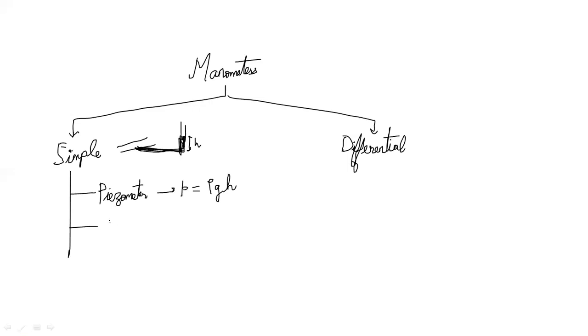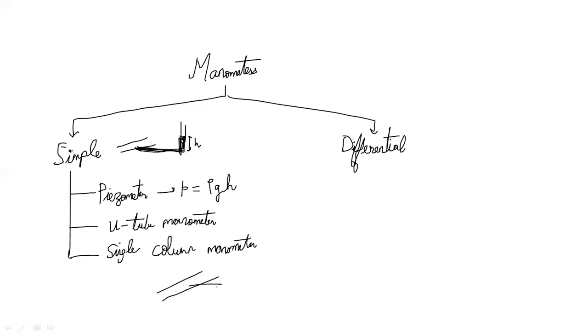Next, we have a U-tube manometer and a single column manometer. Just before this slide, what I explained was a U-tube manometer. In a U-tube manometer, we generally go for mercury, and in a particular pipeline, we insert a tube of U shape, which contains a fluid that is heavier than water, like mercury.